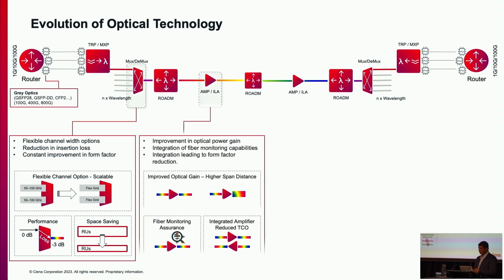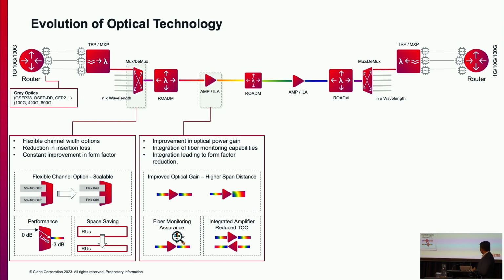When we look at the amplifier, with the evolution in the optical technology, we see improvement in the optical power that would help us to drive longer distance. The convergence is not happening just on the IP optical level, it's happening on the optical line system also, on the amplifiers, on the ROADMs.